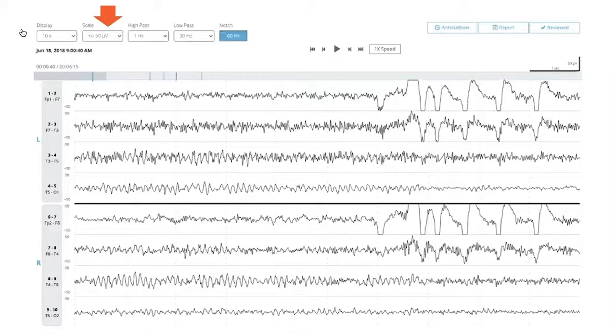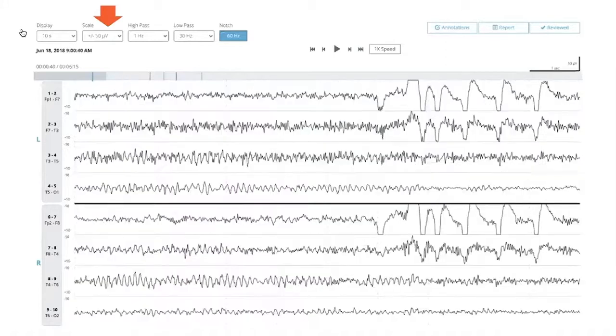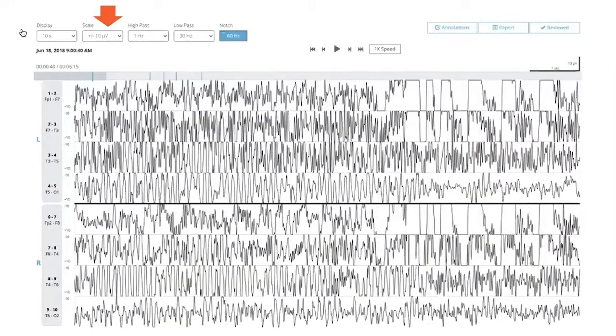So I'm going to show you an example. If the same EEG now is converted to plus minus 10 microvolt, you have jacked up the gain so much that you're just kind of saturating the waveforms. This is exactly the same EEG as this one, but now the gain is 50, here is 10. So you have to be careful.